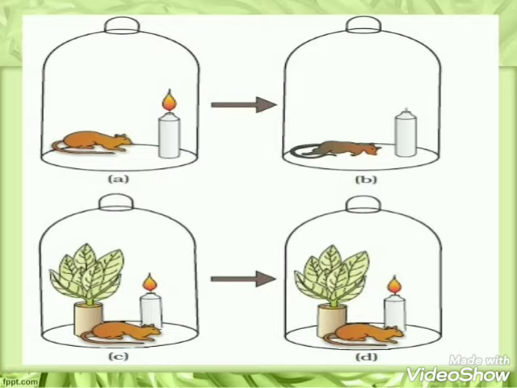Similarly, when he kept the mint plant in bell jar C, both of them are alive. That means the mouse is alive and the candle remains burning. So he concluded that whatever air or carbon dioxide is exhaled by the mouse or produced by the burning of the candle is taken up by the plant by some process.